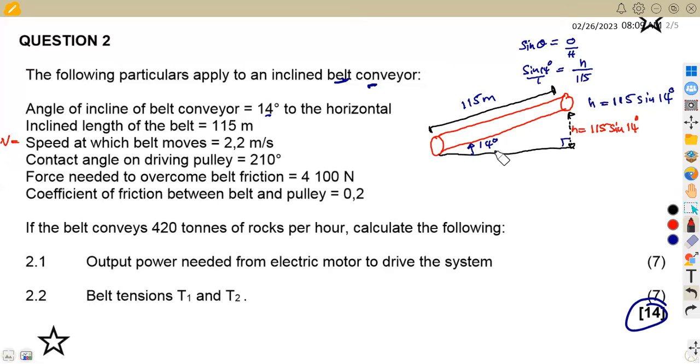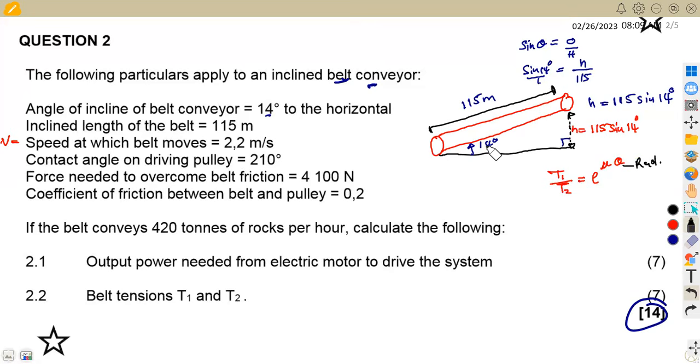Remember the one that you use on the ratio of T1 over T2, which is equivalent to e to the exponent of mu theta, where mu is the coefficient of friction and theta is the angle of contact. This theta is the one that we are referring to, and this theta is supposed to be in radians.